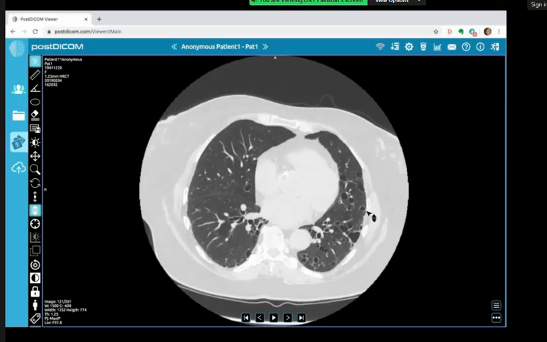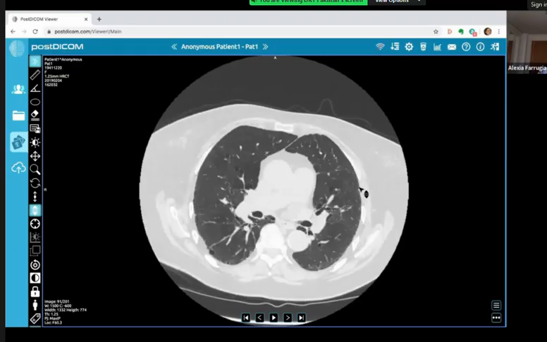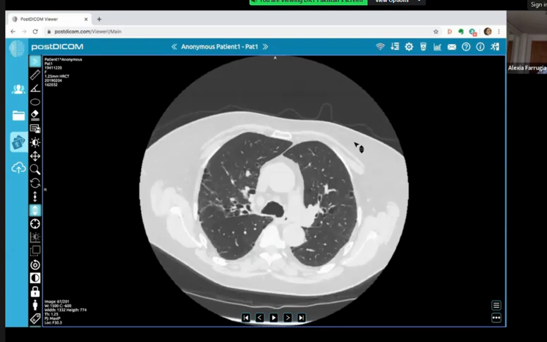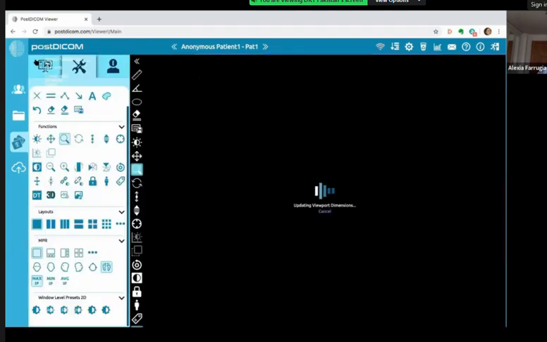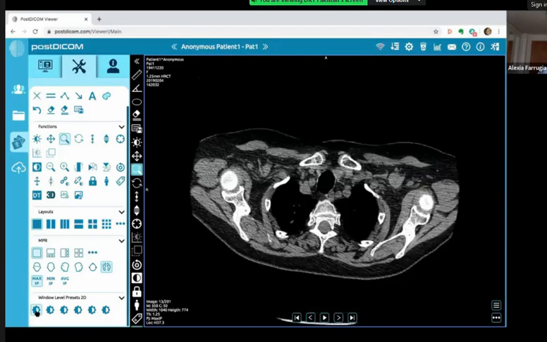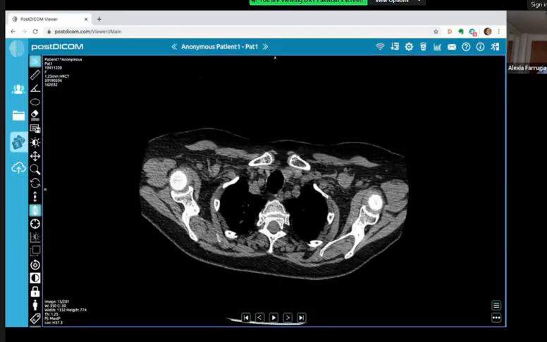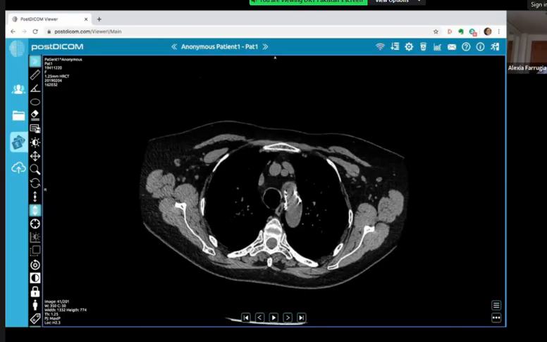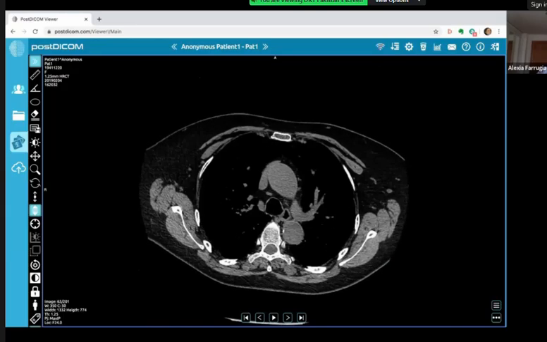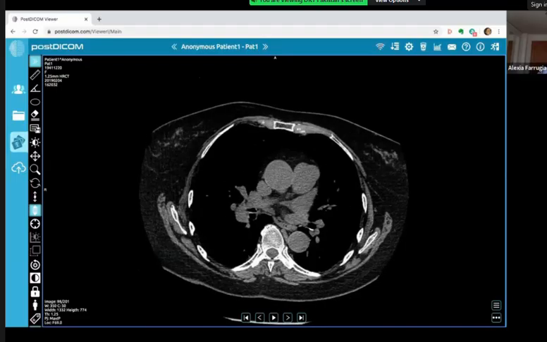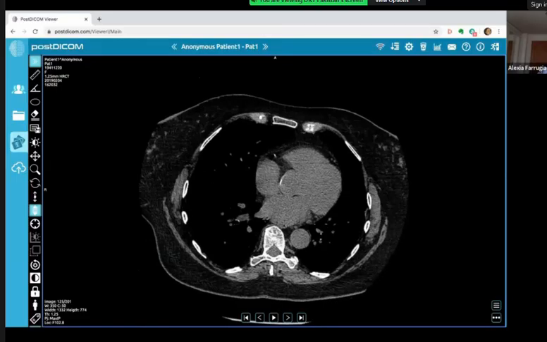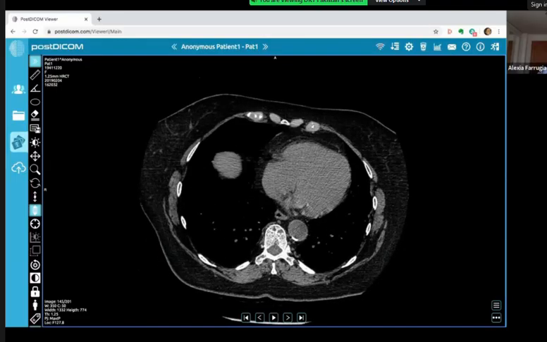So in a patient who's attending a rheumatology clinic, I will change the window now, and I want you to focus on the mediastinum. Okay.